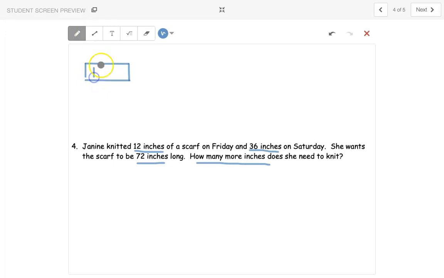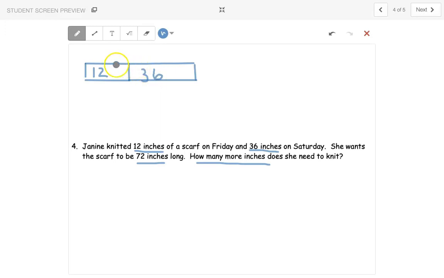on Friday. Then she knitted 36 inches on Saturday. So let's add that there. 36. And it says she wants the scarf to be 72 inches long.